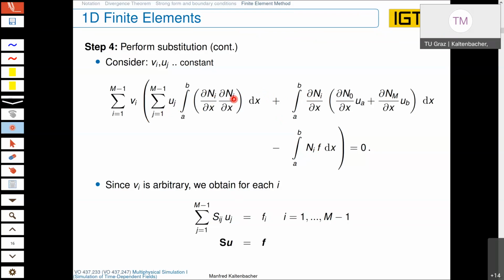Okay, now you see, when you fix i, for example, this i, then you get one equation. Yeah? So, for example, i equal 1. Yeah? Then what you have here is everywhere where the index i is substituted by 1. But you also have the index j, which goes from 1 to M minus 1.